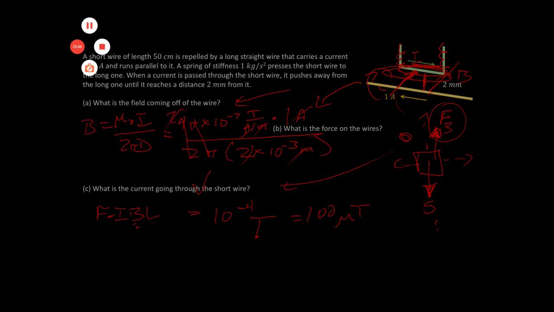So I is equal to the force over B times L. Found B, we know L, we found F. So that is 2 times 10 to the minus 3 newtons over 10 to the minus 4 Tesla times 2 times 10 to the minus 3.